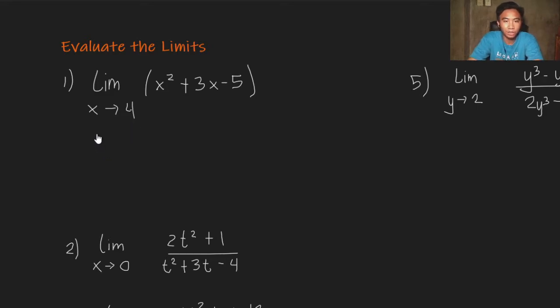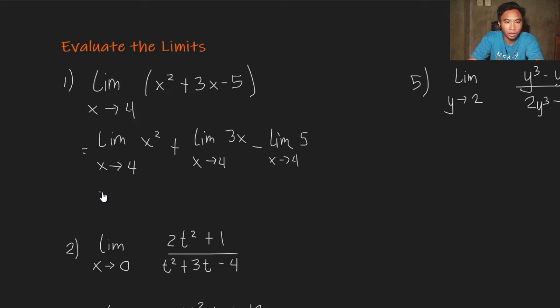So, gawin natin yung mga theorem. So, limit of x squared as x approaches to 4, then plus, i-plus mo daw yung limit ng 3x as x approaches to 4, minus the limit of 5 as x approaches to 4.